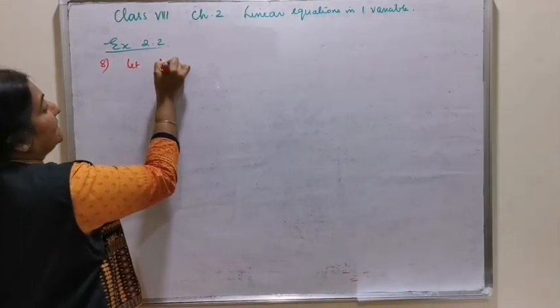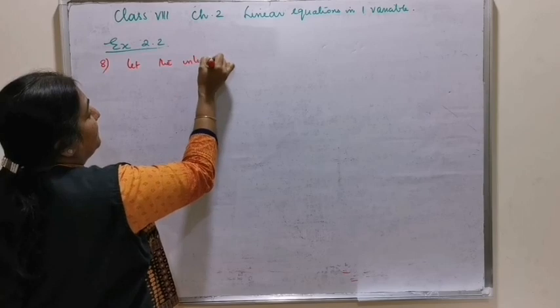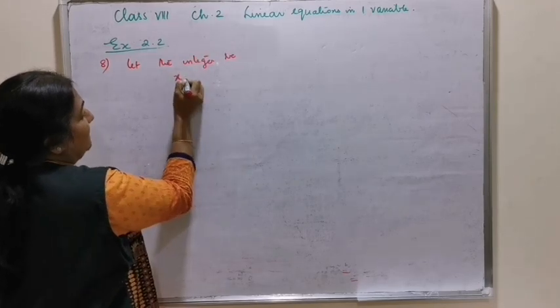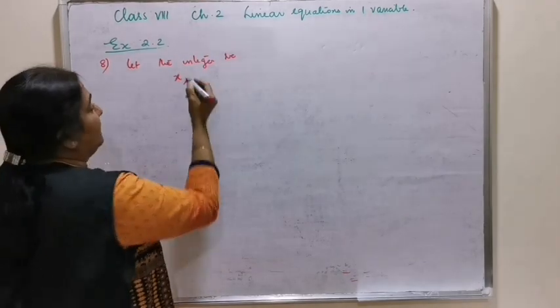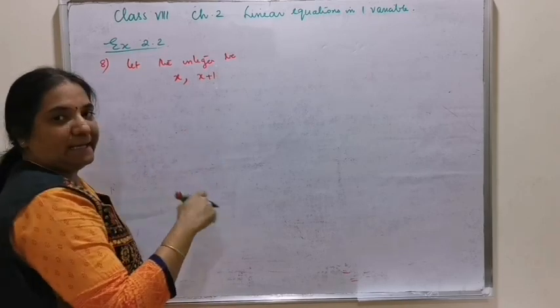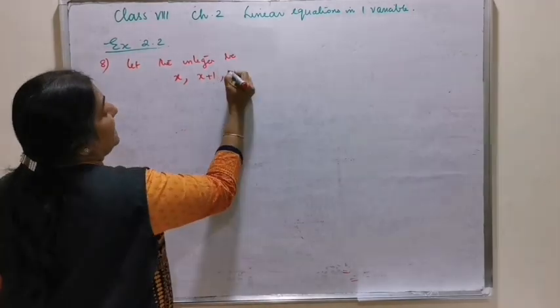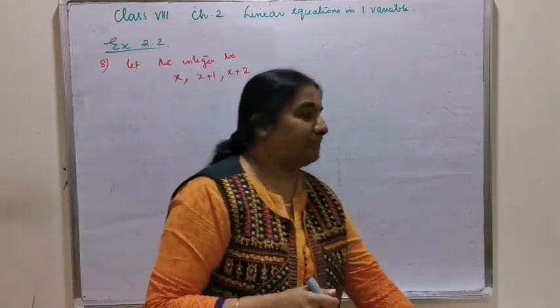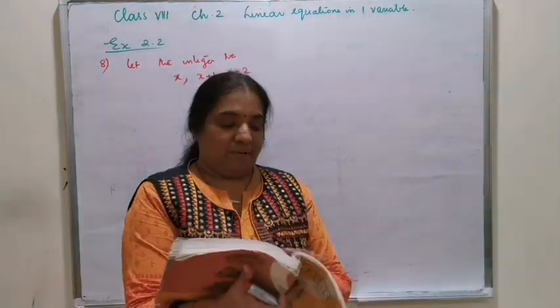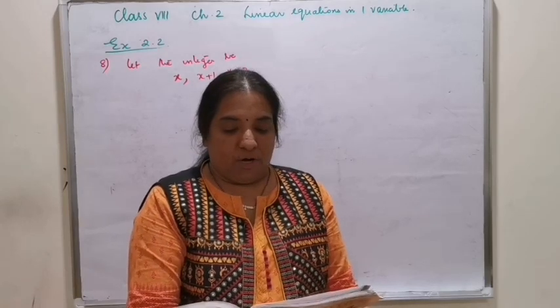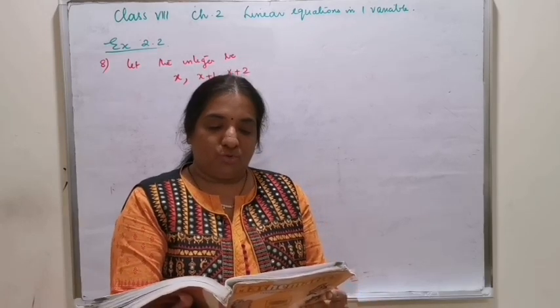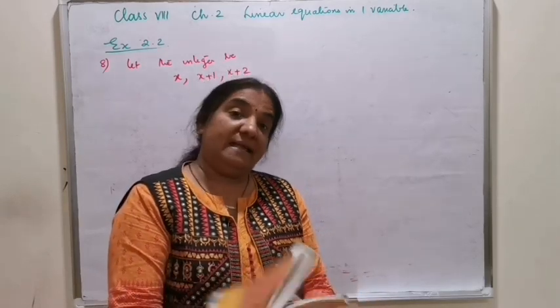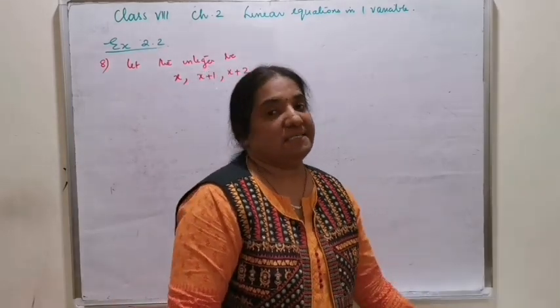So, let the integers be, the first integer will be x. Consecutive integer means x plus 1 is the next bigger one and x plus 2 is the next bigger. And at the same time, after arranging them in increasing order, you have to multiply them with 2, 3, 4 and then you have to find the sum.